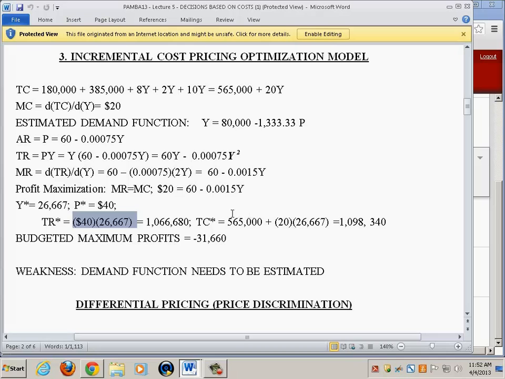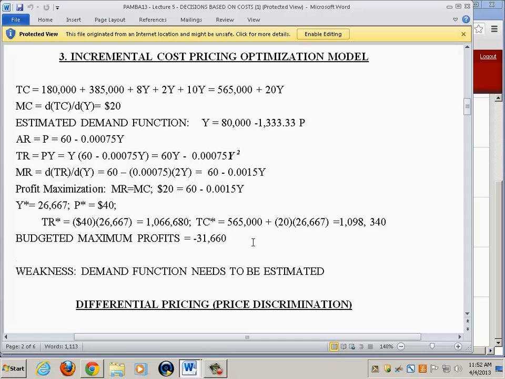Our total cost is the cost function 565,000 plus 20 times y, and the maximizing y is 26,667. So our cost level is 1,098,340. So the difference between the total revenues and total cost is a minus 31,660. So we maximize our profits at a loss of 31,660.